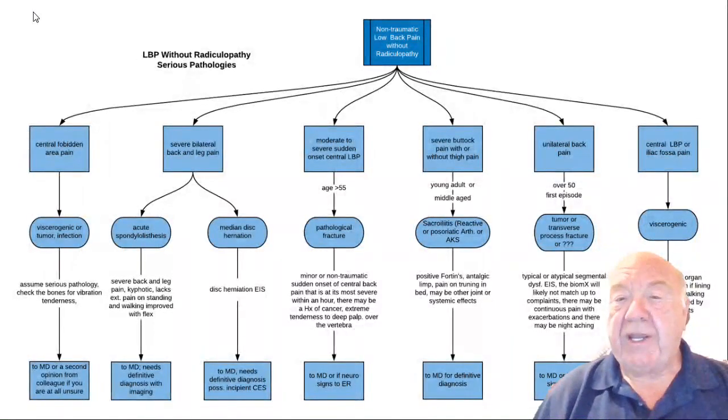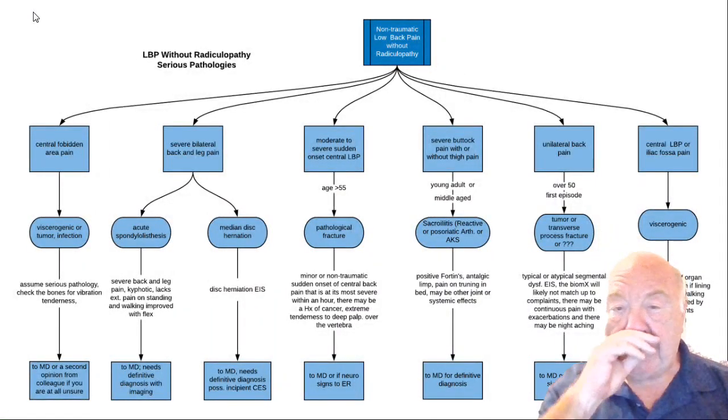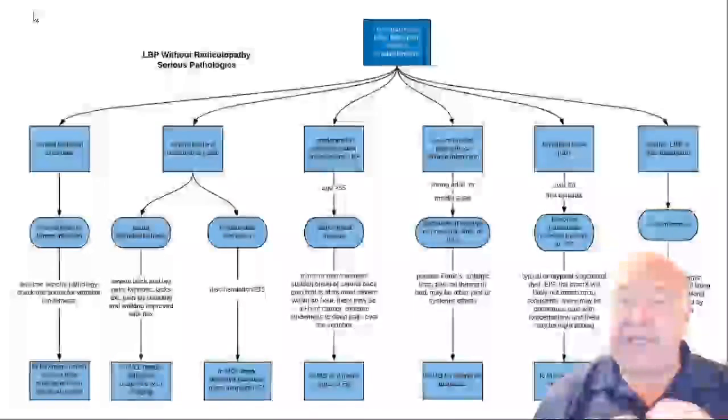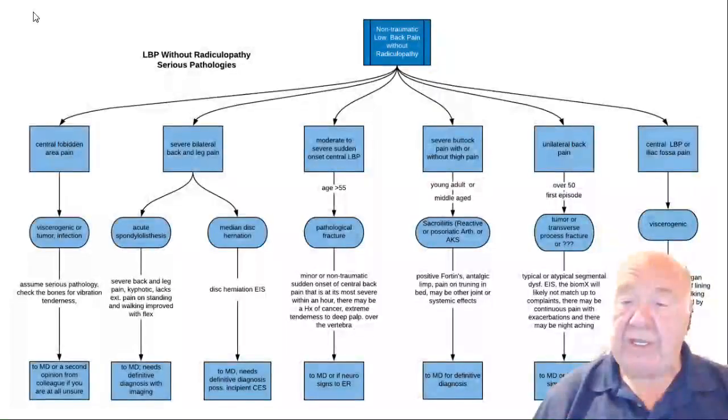Severe buttock pain with or without thigh pain, bilateral or unilateral. If it's a young adult or a middle-aged adult, think of sacroiliitis. In a young adult, especially a young man, you may well be thinking of ankylosing spondylitis.